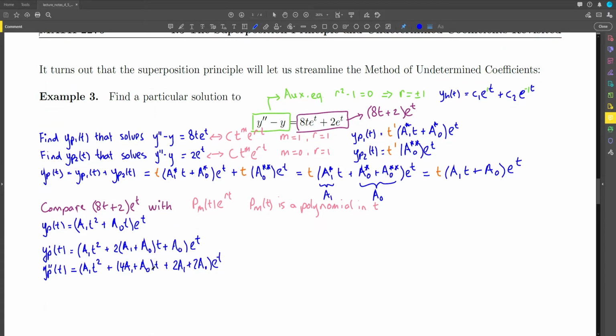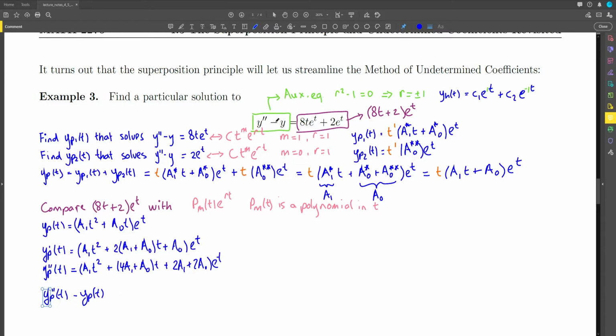Okay, now when we plug the particular solution in here, it has to equal the right-hand side here. So let's see what y_p double prime of t minus y_p of t is, right?